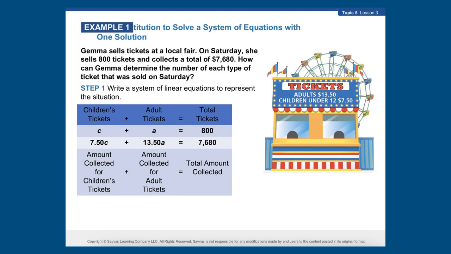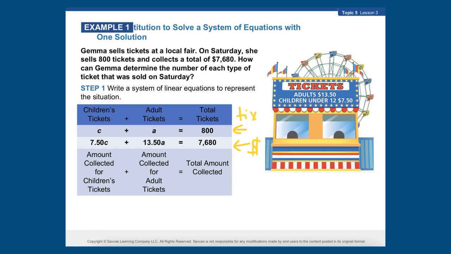All right, so they went ahead and created these 2 equations. We have the children's tickets, C, plus the adult tickets, A, is the total tickets of 800. So this first one right here is going to be tickets. And the second equation, that is all about money.